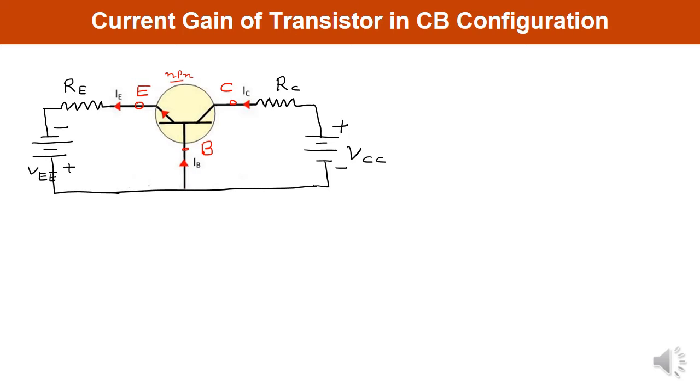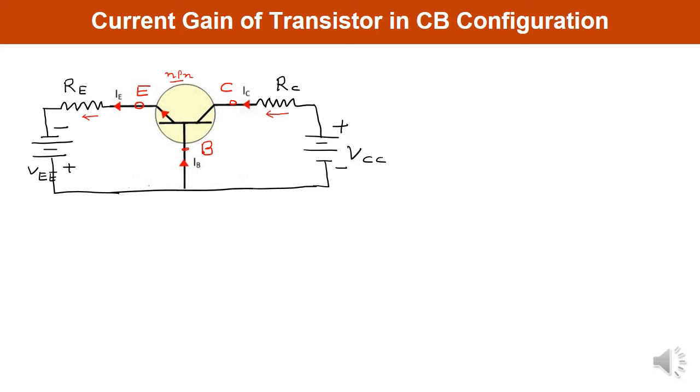RE is the emitter resistance, RC is the collector resistance, and the directions of flow of currents have also been shown here. IB is the base current. VCC is the applied battery voltage, because of which the collector base junction is reverse biased, and because of VEE, this applied potential, the emitter base junction is forward biased.